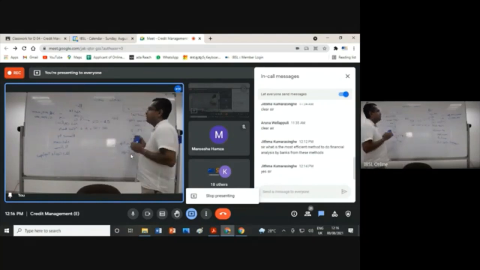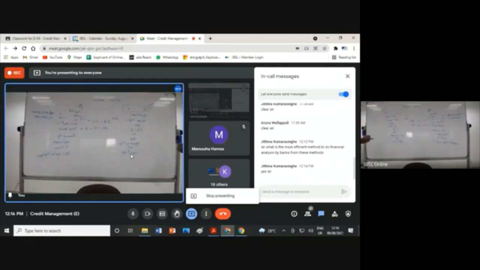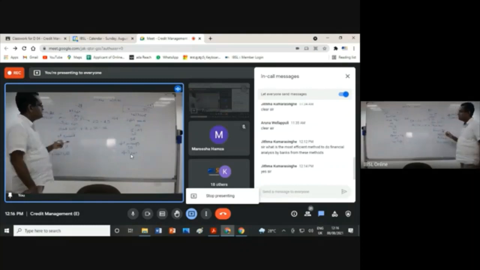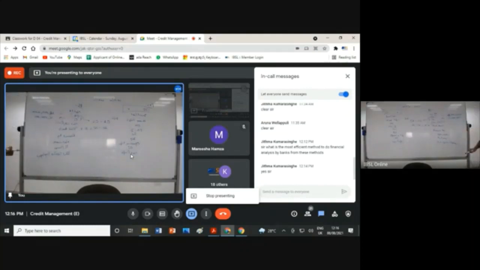Right? What does this represent? The portion of current assets which has been financed by long-term funding. That means you don't need to convert those assets to service the current liabilities.